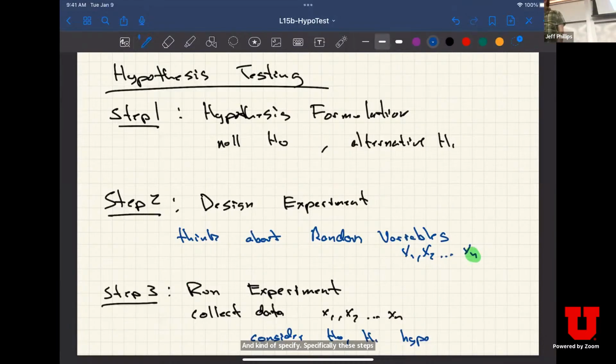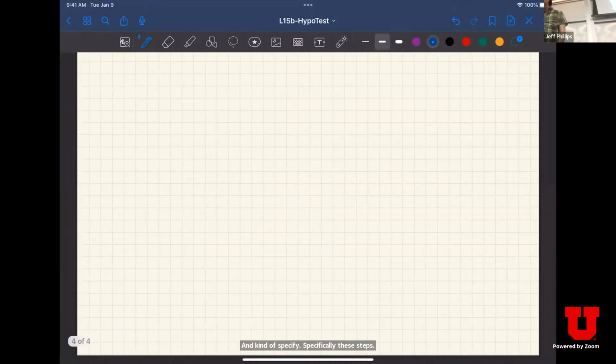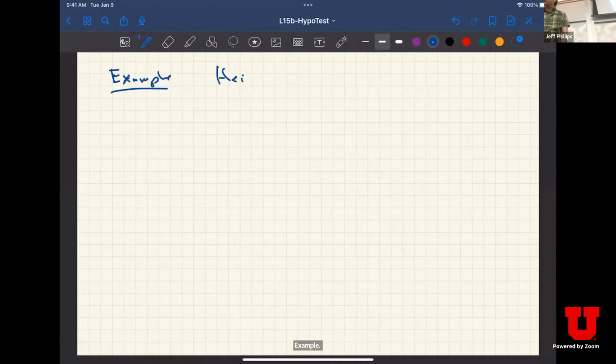Okay, so let's start with an example about height.